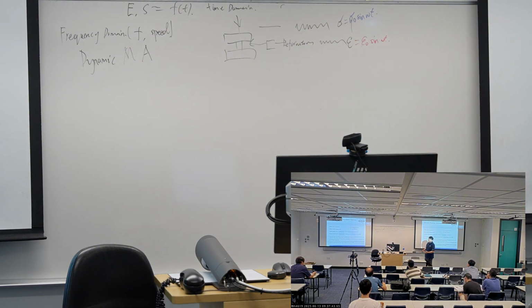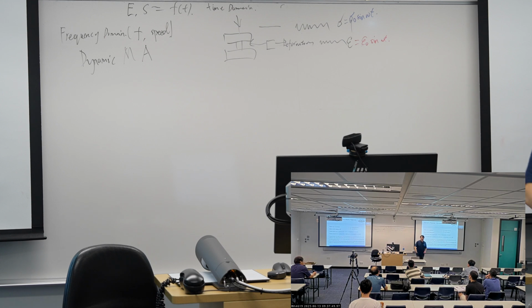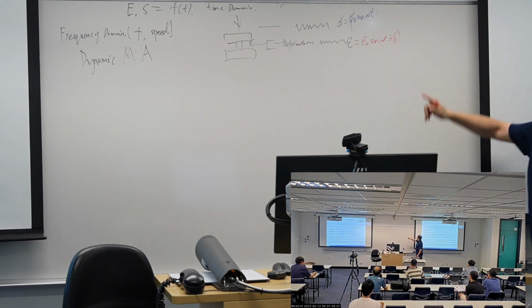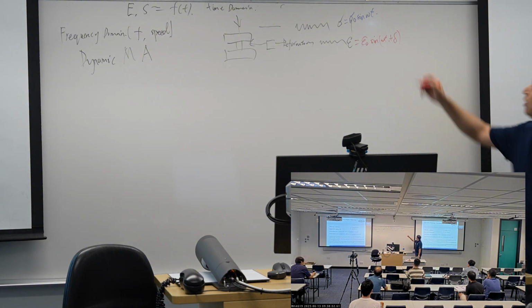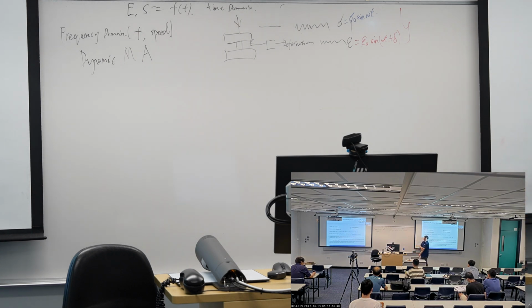But the problem now is we do not know if the sigma and the epsilon are in the same phase or not. So we just assume there is a phase difference. And the idea is we need to figure out what the delta looks like, so we can define the Young's modulus easily.